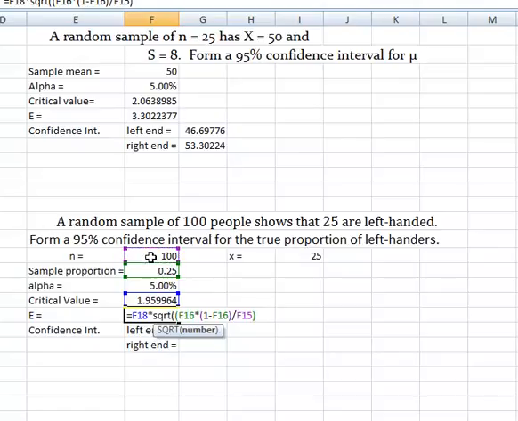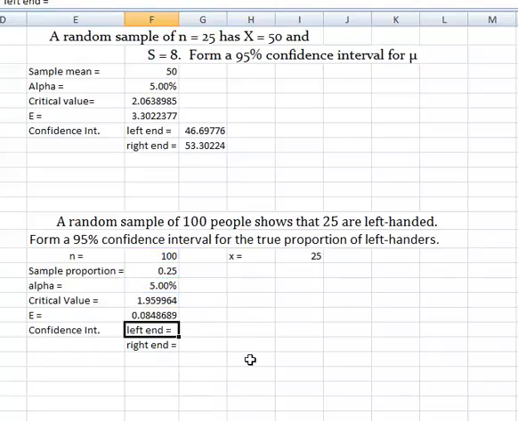So close it. Let's see, we missed one parenthesis, so add another parenthesis. So that's your margin of error, 0.085. Now the confidence interval left-hand side is equal to the sample proportion minus the margin of error, and the right-hand side is equal to the sample proportion plus the margin of error.